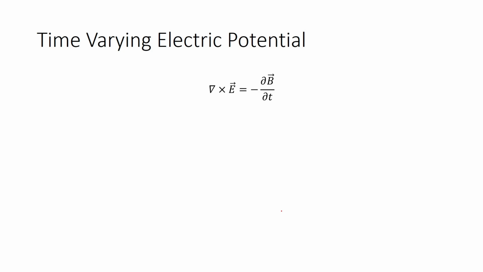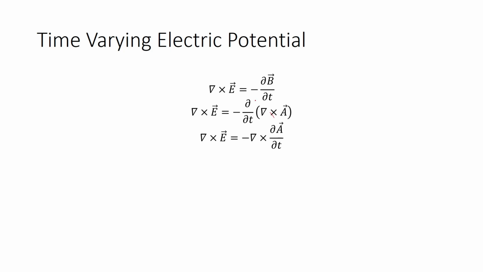We have already seen that the curl of Ē is equal to minus ∂B̄/∂t, but you may remember that B̄ itself is the curl of Ā, a vector magnetic potential. Therefore, I can rewrite this ∇×Ē to be equal to minus ∂/∂t of ∇×Ā.